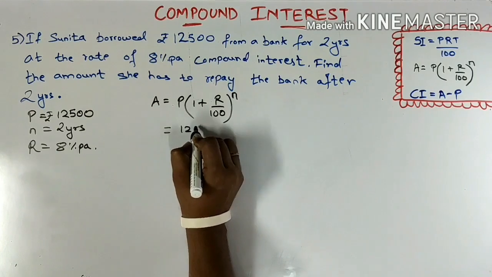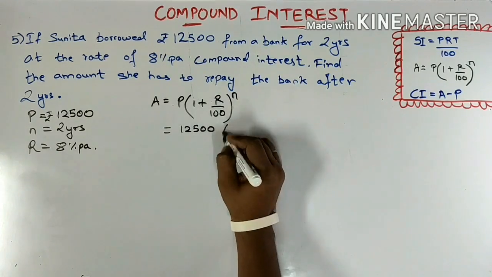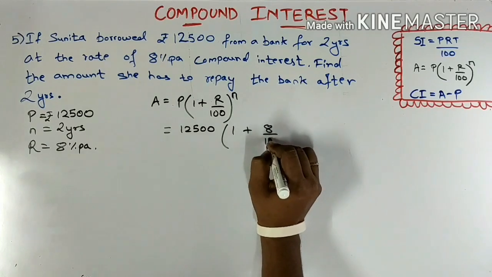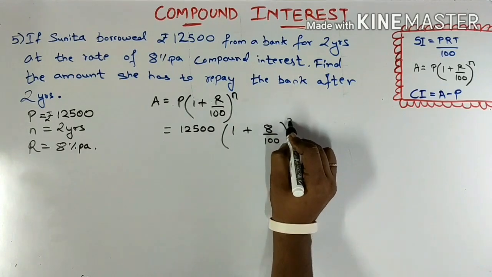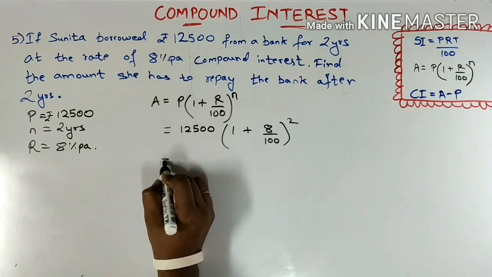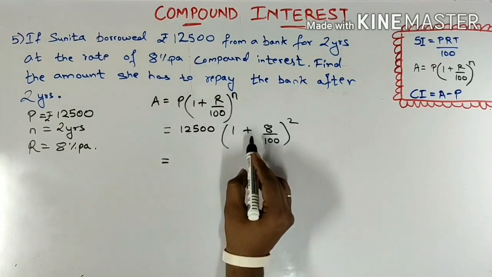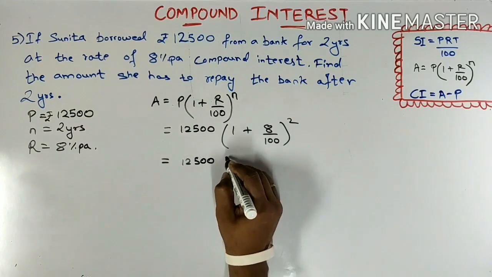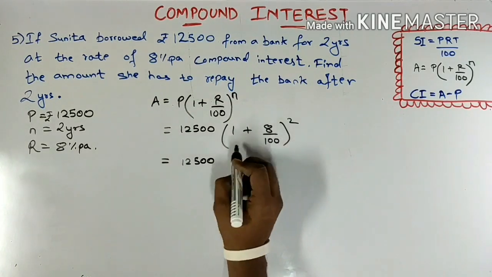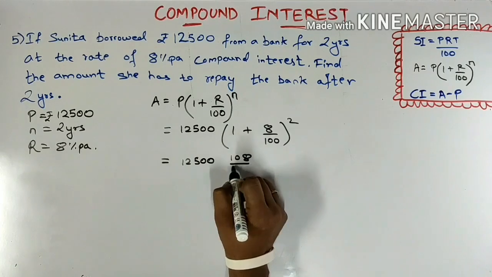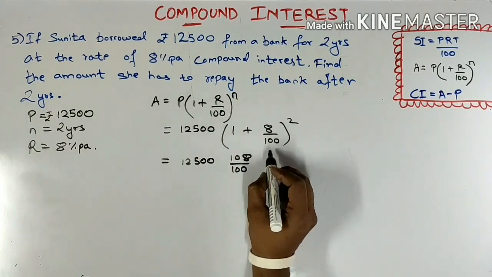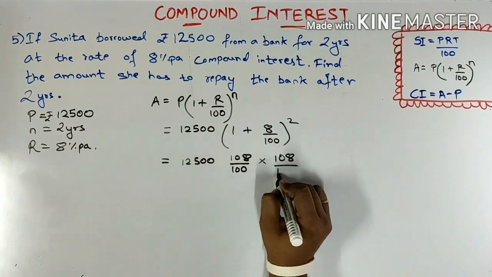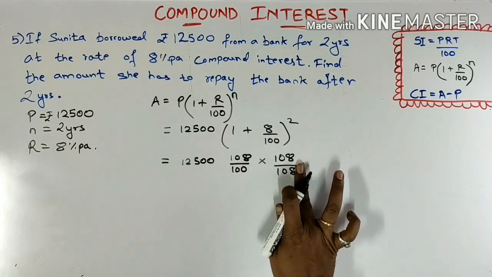So P, that is 12,500 into 1 plus R is 8 by 100 raised to the power 2, which is nothing but, I simplify this, I take the LCM and the bracket becomes 100 plus 8, that is 108 upon 100 and its square. So 108 upon 100 into 108 upon 100.